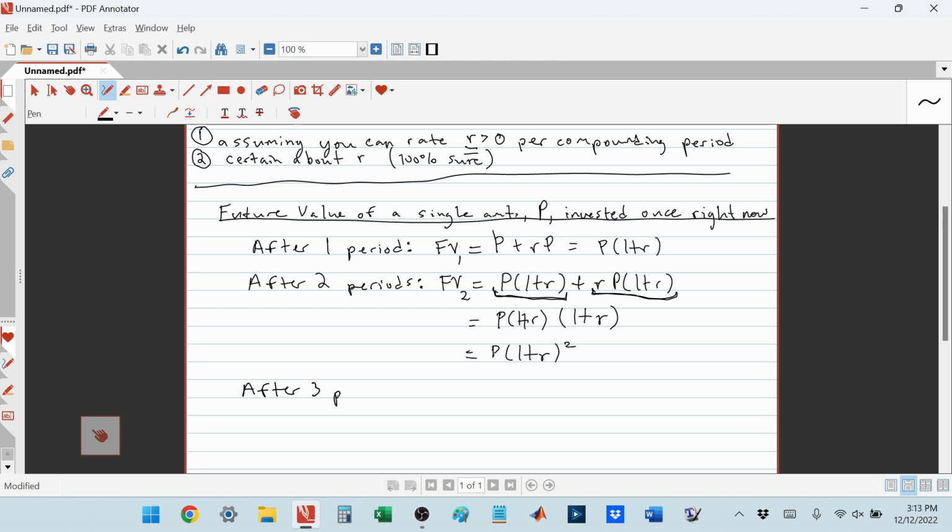After 3 periods, how much is your account worth? Well, after 3 periods, you would definitely have what you had at the end of 2 periods, plus the interest that you earned on that over that third period.